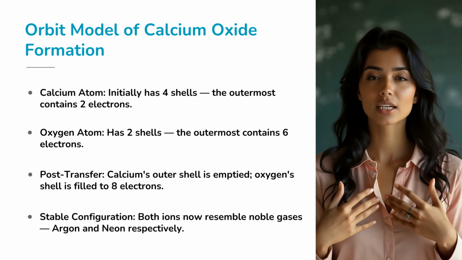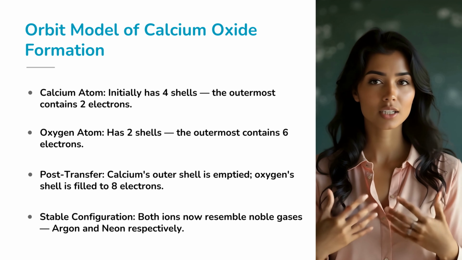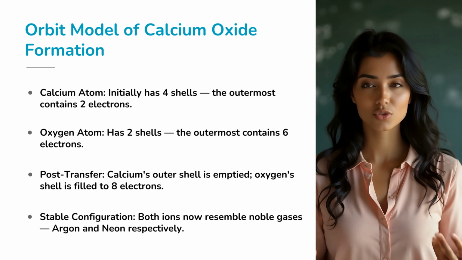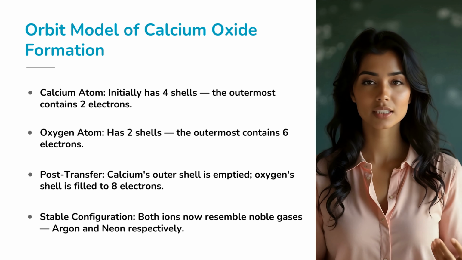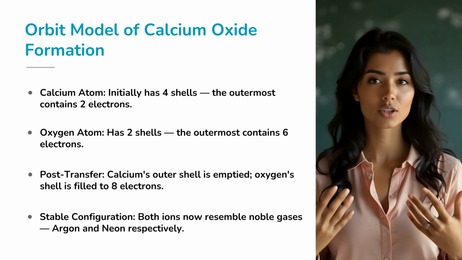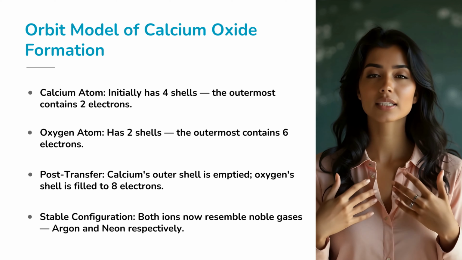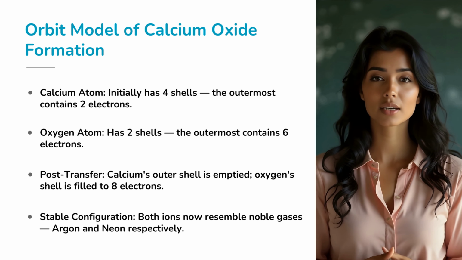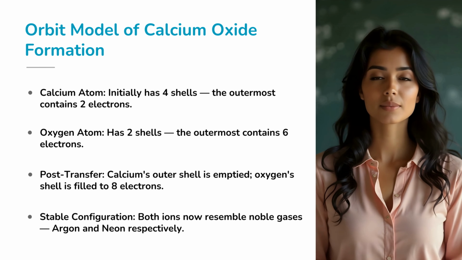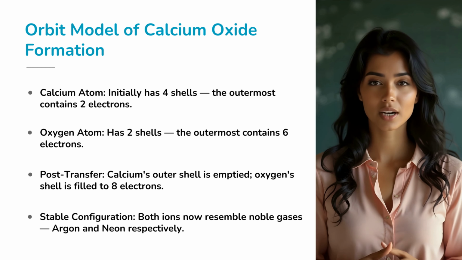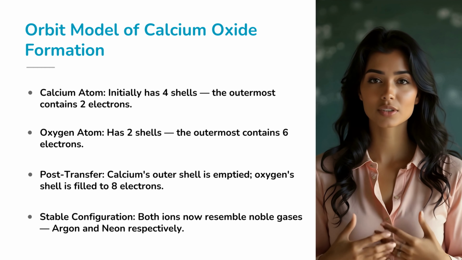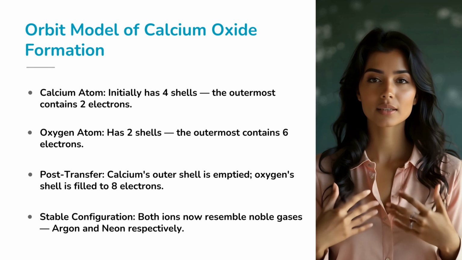Oxygen gains 2 electrons, completing its shell like neon. This is visually clear when we look at the orbital diagram. The atoms transform into ions, Ca2+ and O2-, both with full outer shells. This transition from unstable atoms to stable ions is what drives ionic bonding.